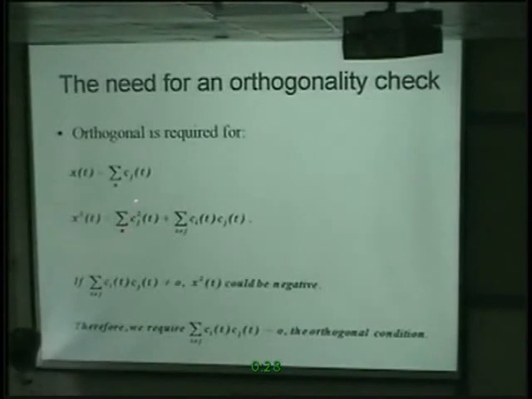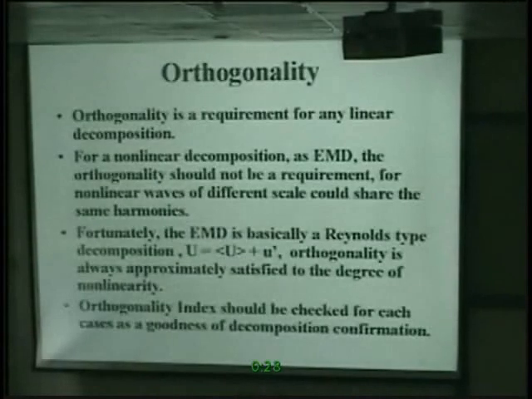And because of this, we always ask this to be 0. We would like to have it be 0, and mathematical expansion always has that to be 0. Why is that so? See, orthogonality is a requirement for linear decomposition.